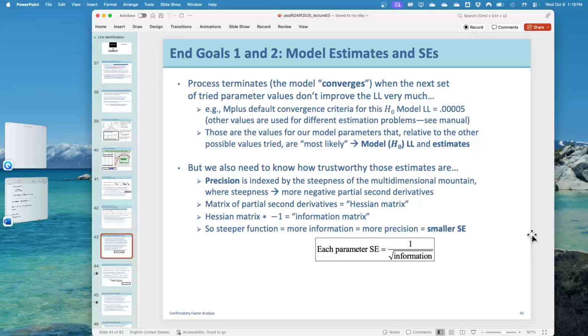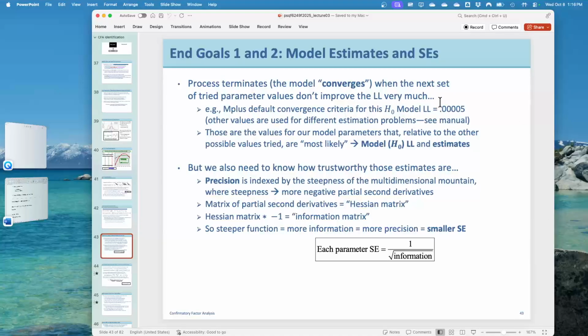We can basically look at the curvature of the likelihood function to describe how much variability there is in the parameters. When I say curvature, those of you who've taken calculus are probably thinking of lines that are tangent. Derivatives. Exactly.